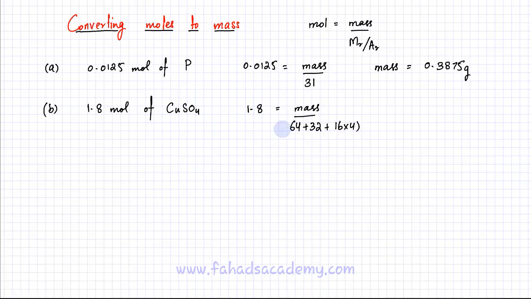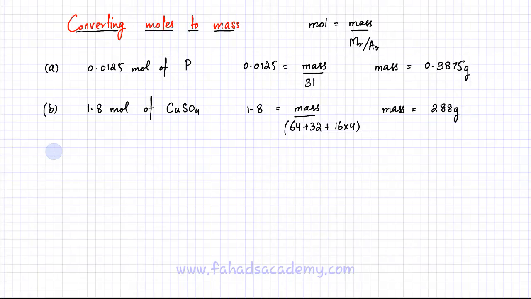To find out mass, we need to multiply 1.8 by the MR of copper sulfate. So the mass comes out to be 1.8 multiplied by this entire thing, which is 288 grams. So that's your second example.